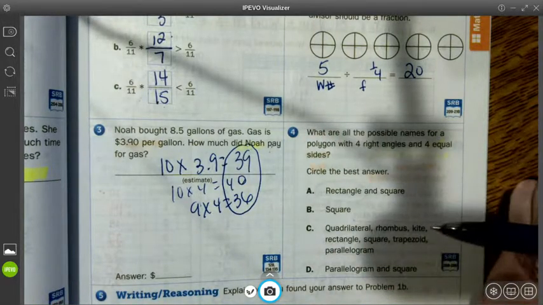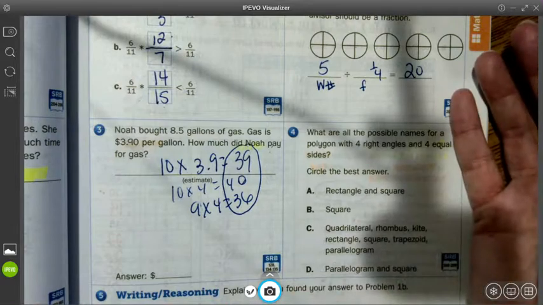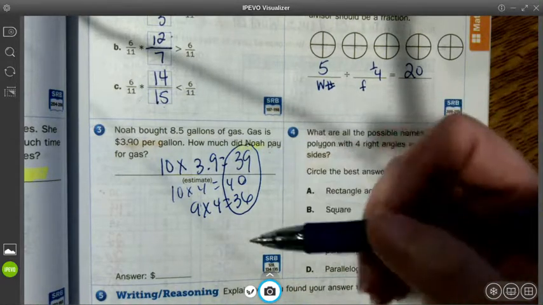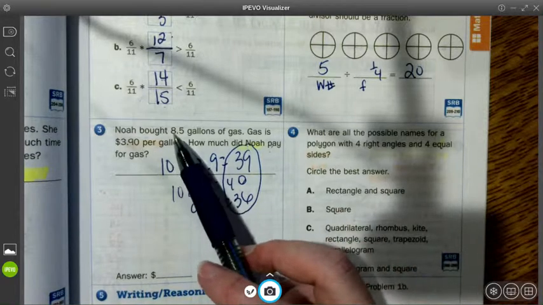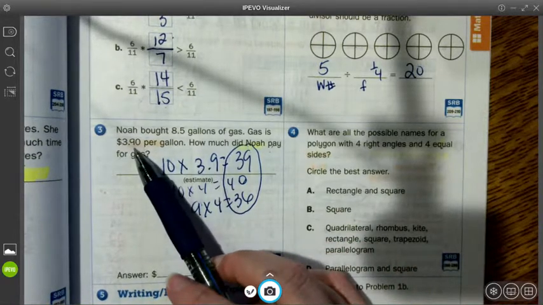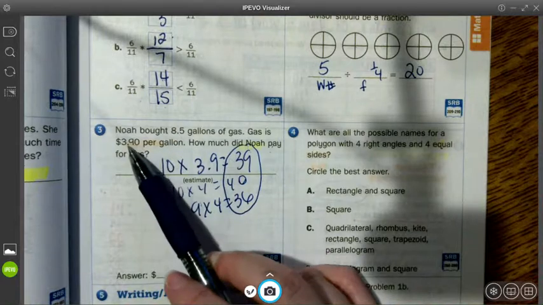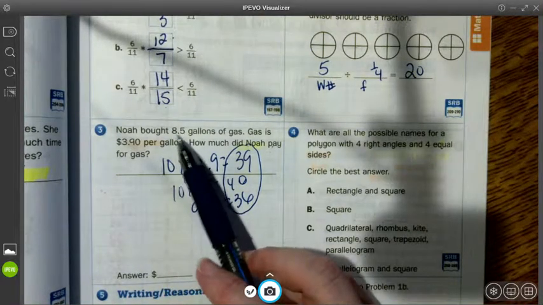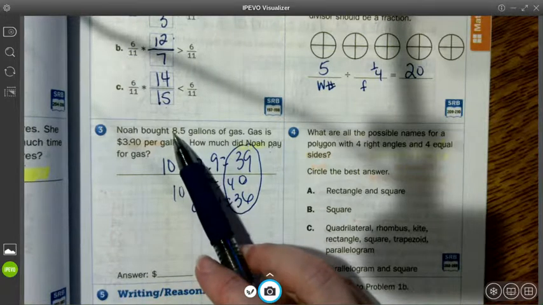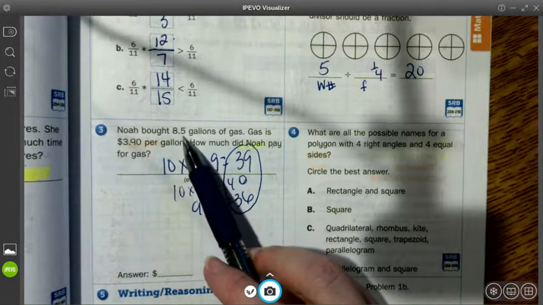Okay, now we got to think of how do we solve this problem. Are we doing addition, subtraction, multiplication, division? So if we know about 8.5 gallons, it's $3.90 per gallon. You could either take $3.90 and do some repeated addition 8 times and then figure out what that half would be.